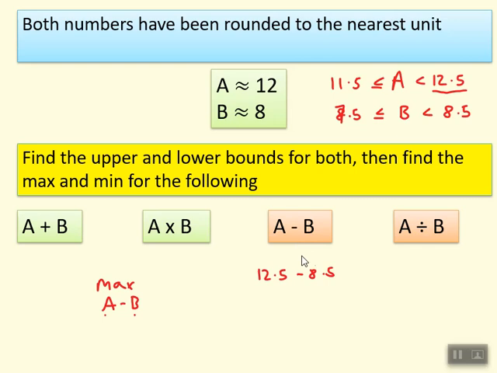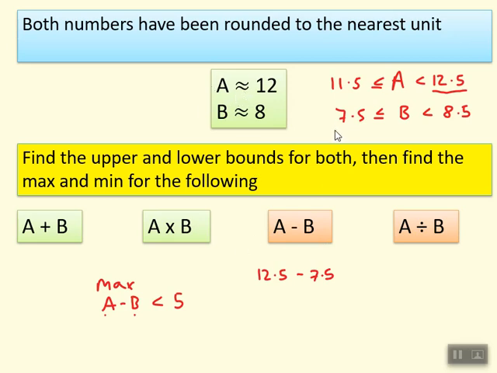It's supposed to be 7.5. Sorry, 7.5. So you take away the lower bound, which is 7.5. Okay, so that is the largest possible subtraction, whatever that works out to, which is 5, isn't it, really? Okay, so this is the largest possible answer you could get for A take away B.